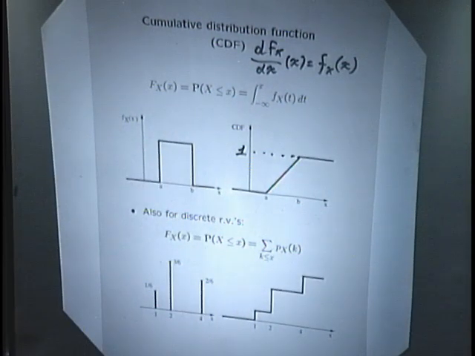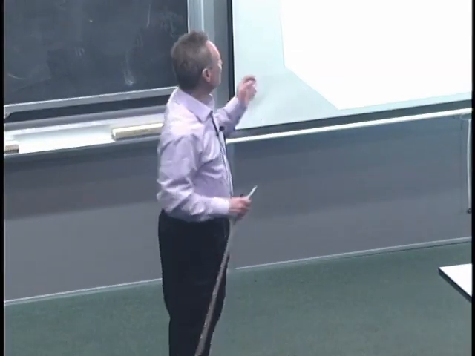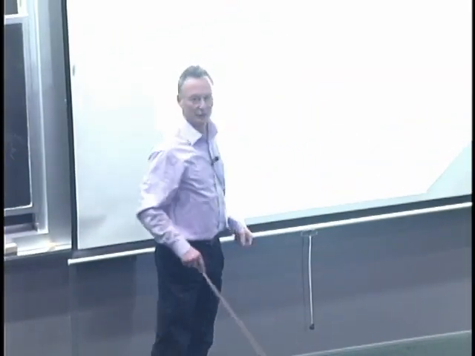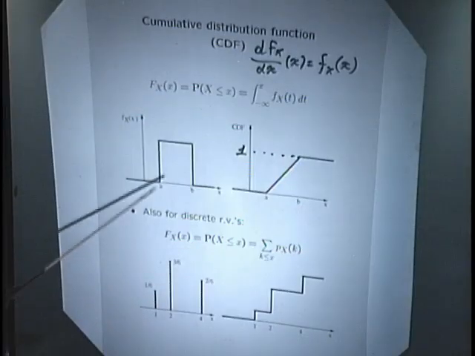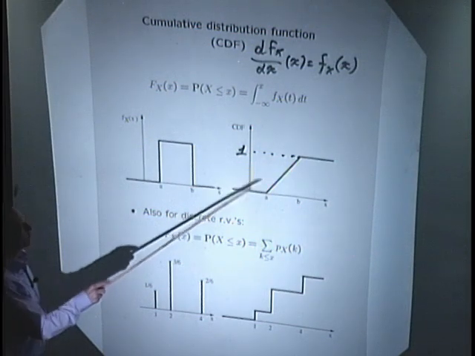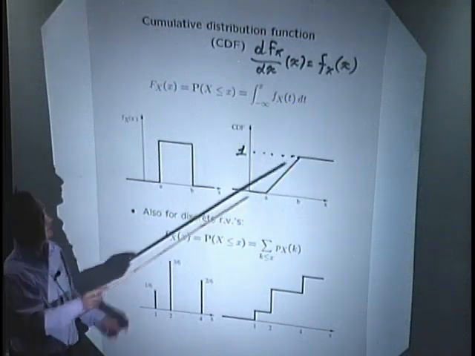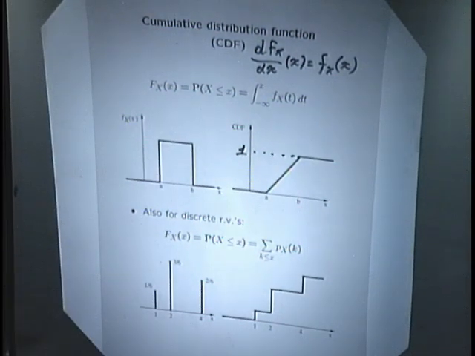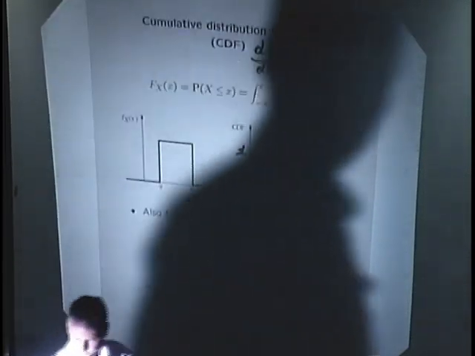If you change the density at just a single point, it's not going to affect the value of any integral you ever calculate. So the value of the density at the endpoints, you can leave it as being ambiguous, or you can specify it. It doesn't matter. So at all places where the CDF has a derivative, this will be true. At those places where you have corners, which do show up sometimes, well, you don't really care.